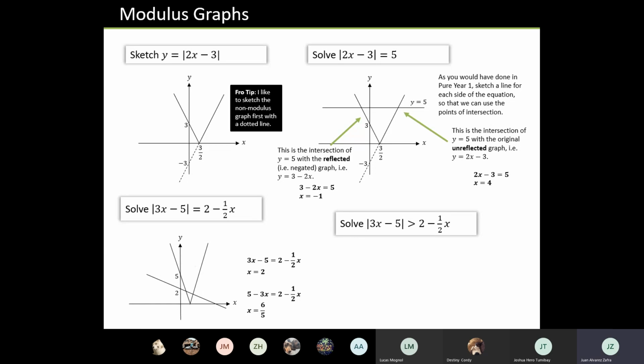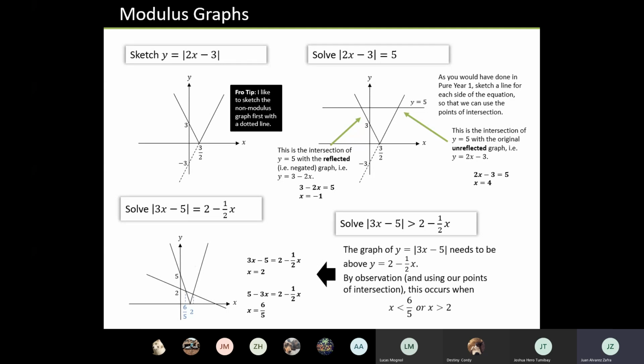And if you want to know when the modulus of 3x minus 5 is greater than 2 minus a half x, first of all, you work out when they're equal, and then you say, we want to know when the modulus function is greater than, it means when is the y coordinate of that graph above the y coordinate of this graph.